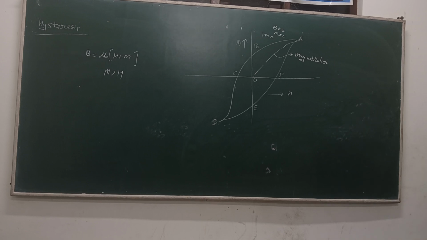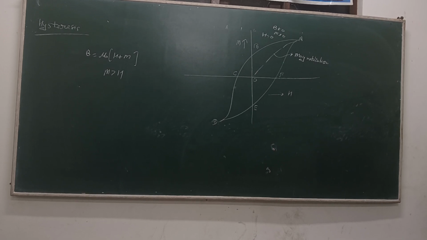The value of M at this point is known as the remnant magnetization or retentivity. The value of B at this point is known as the residual induction. The retentivity gives the state of permanent magnetization of the specimen.